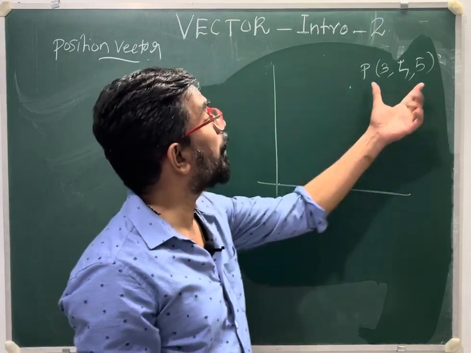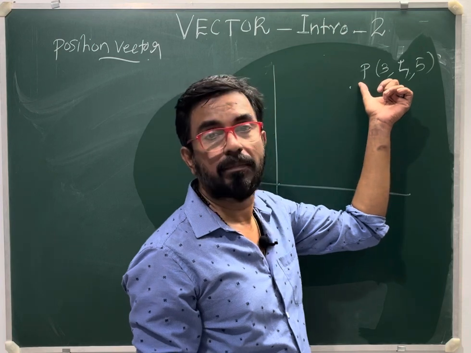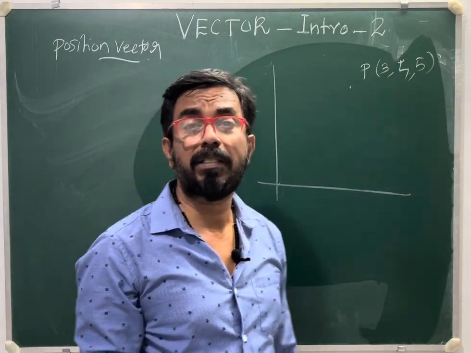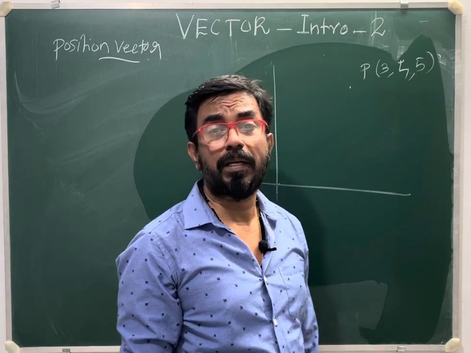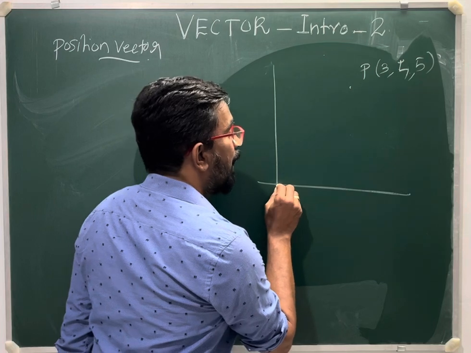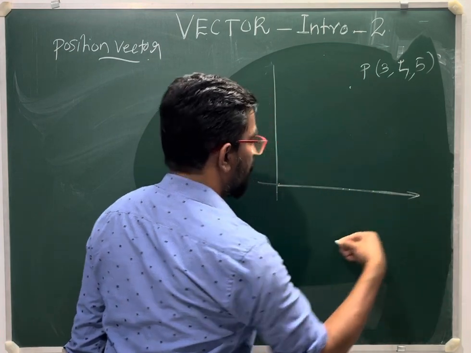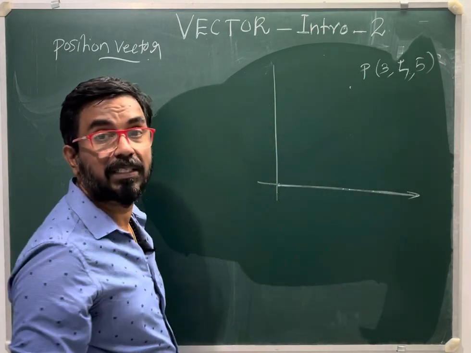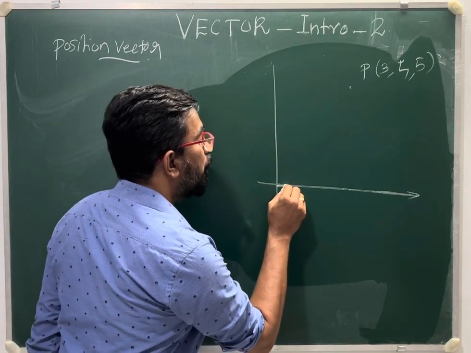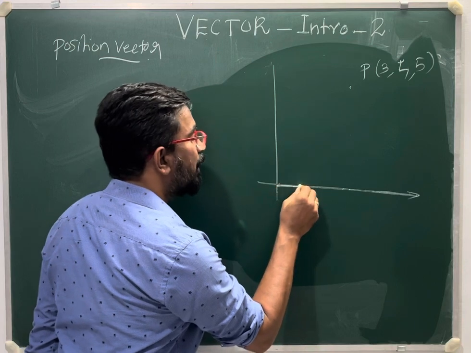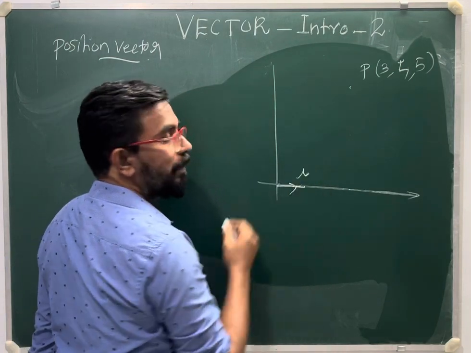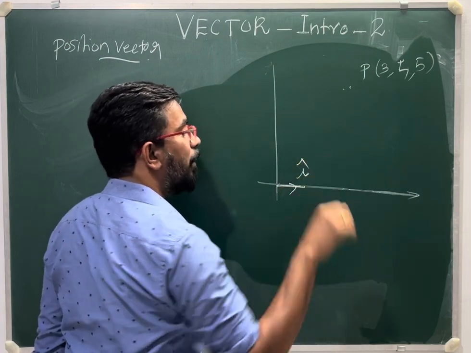Now, I want to bring this point in terms of vectors. What mathematicians have done is they took a vector along the x-axis. They took a unit length vector along the x-axis, which they named i cap.